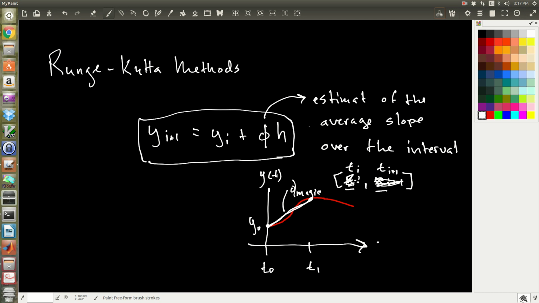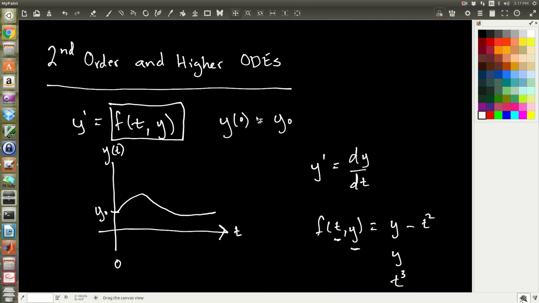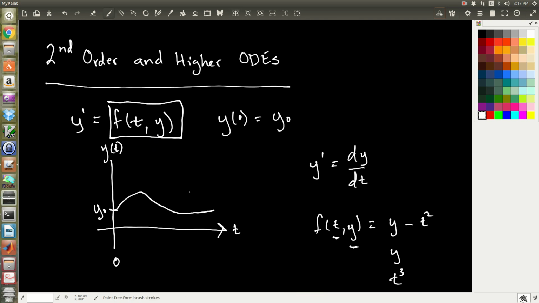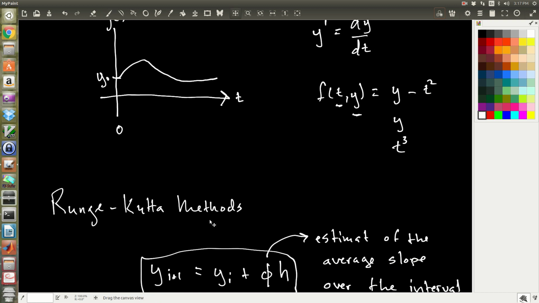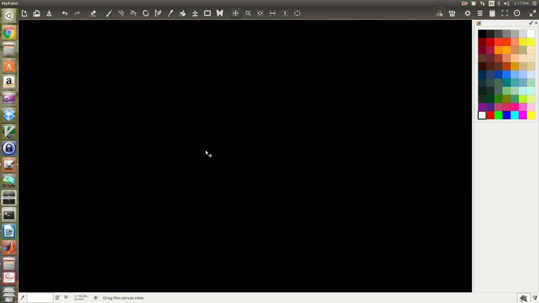Alright, now all of this was to solve first order ODEs. I've been talking in a long roundabout way about first order ODEs just to give us the context. But really what we want to talk about is second order and higher ODEs. So remember, the order of the ODE corresponds to the order of the highest derivative that shows up in the differential equation.